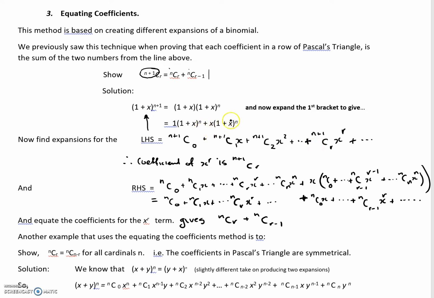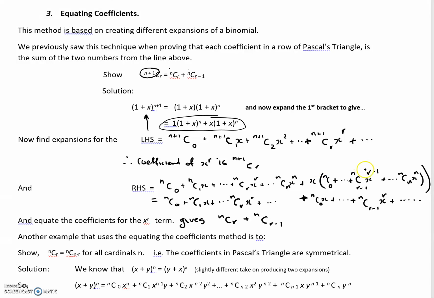Now, on the right-hand side, we're going to take the expansion of the first bit, which is our standard binomial expansion, including the x to the r term going all the way through to NCN. Then the expansion of the second part, which will have an x out the front, and you might notice that I included not the NCR x to the r term this time, because I've got an x out the front.